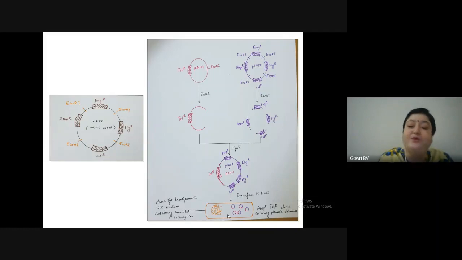Now the cell which possesses the plasmid will show antibiotic resistance to 2 different or 3 different antibiotics, that is erythromycin, ampicillin, and tetracycline, which means the combination has occurred, and checking of the transformants can be carried out with a medium incorporated with ampicillin and tetracycline.